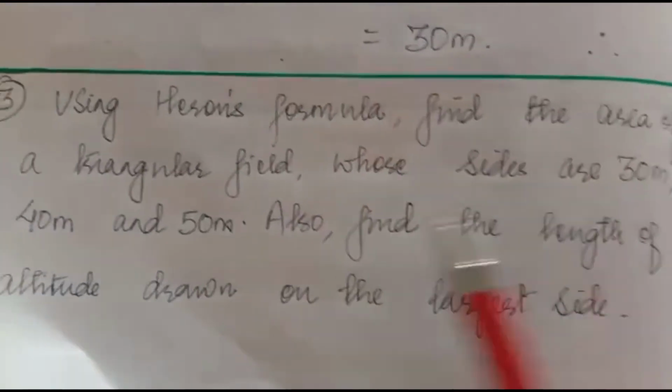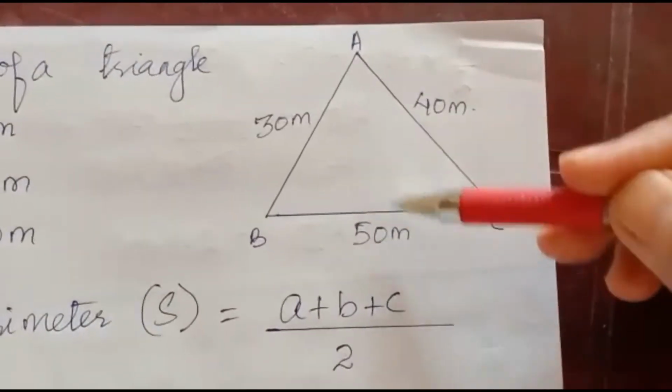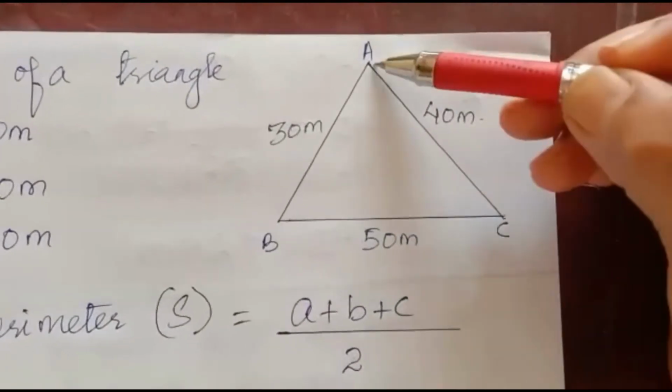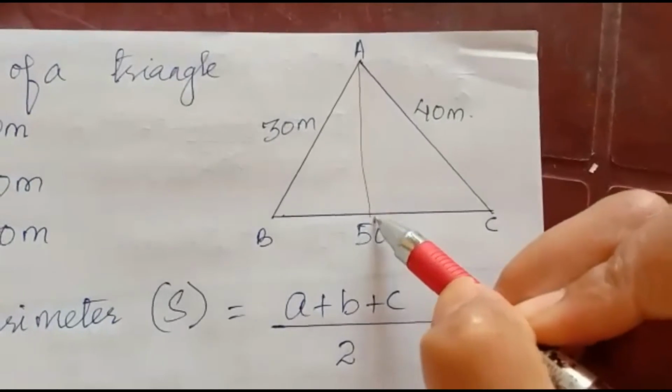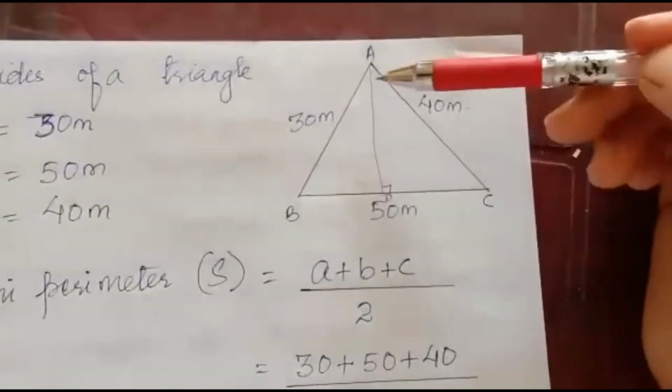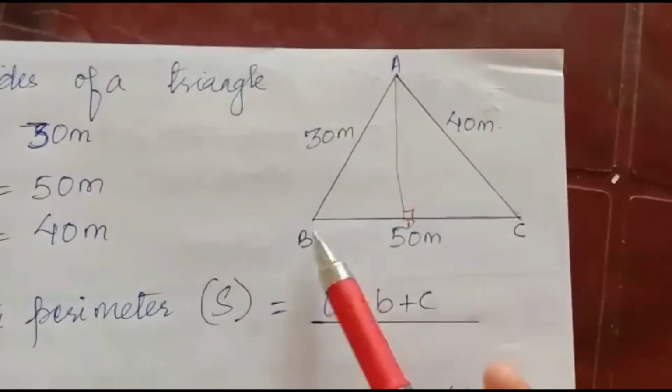Now next you have to find the length of the altitude drawn on the largest side. So we have considered this 50 meter as the largest side. So you have to draw one altitude here. Suppose this is D, you have to find the length of this altitude when you draw it on this largest side.